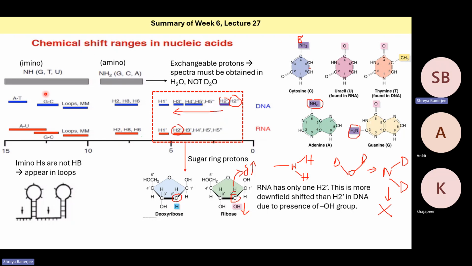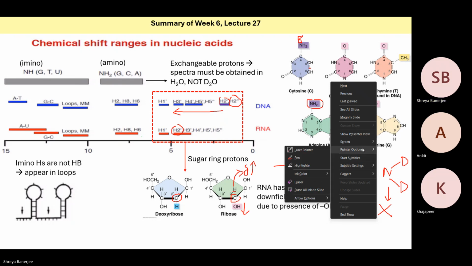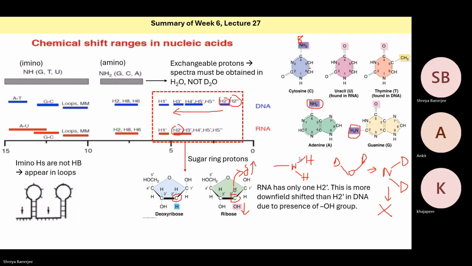As you go more downfield, you will see the imino protons, that is the NH protons. You can see the different NH protons, which are the imino protons. And they appear more downfield. Now, these are not that much exchangeable.